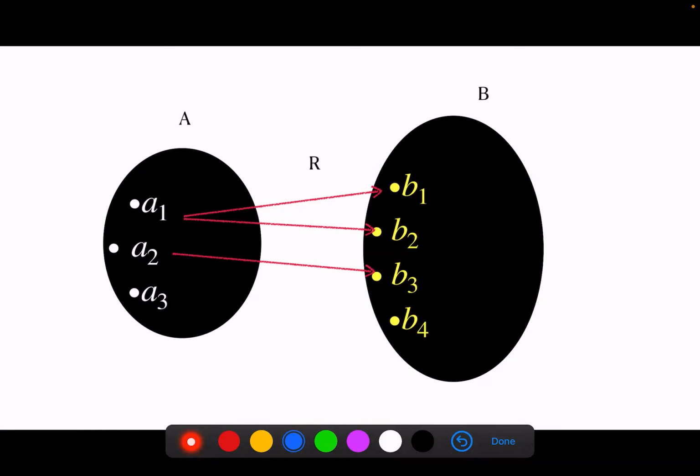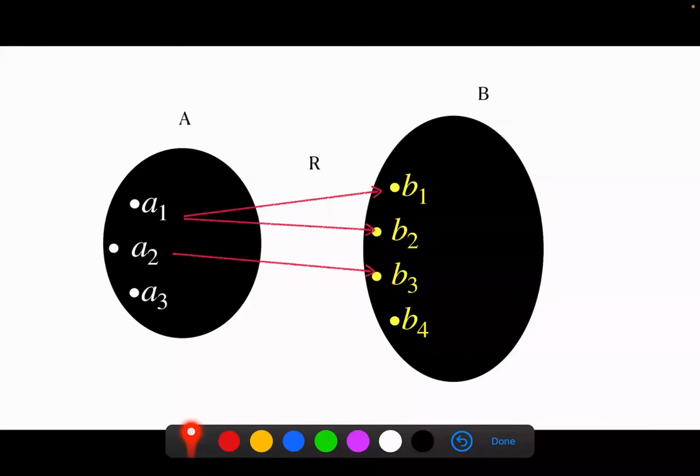Sometimes people say that you begin from A and then try to go to B. It's not necessary, but it really looks like that. You are mapping an element in set A to an element in set B. So you are doing some kind of mapping.